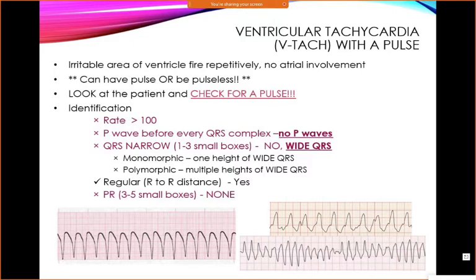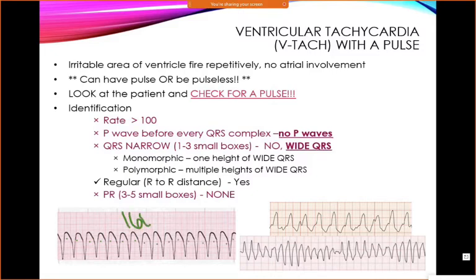They're all wide, but they're all regular. They all look almost exactly the same, but they are wide and they are weird. There's no P waves. The QRS is not narrow. It is wide. These have, you can count the rate just like on every other one. This one has a rate of 1, 2, 3, 4, 5, 6, 7.